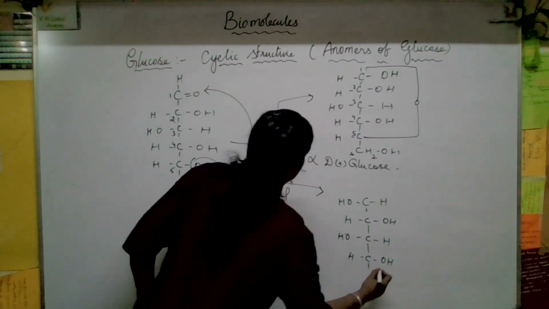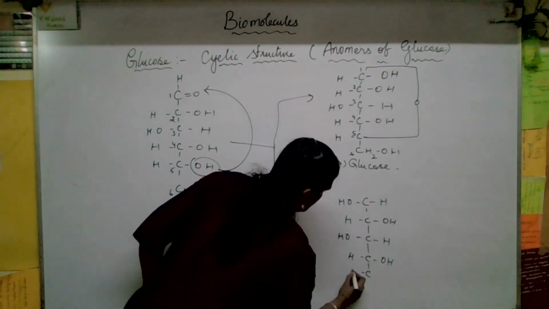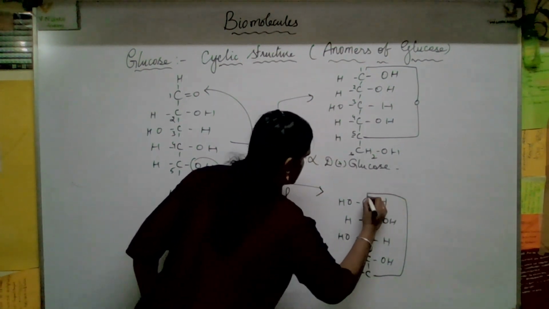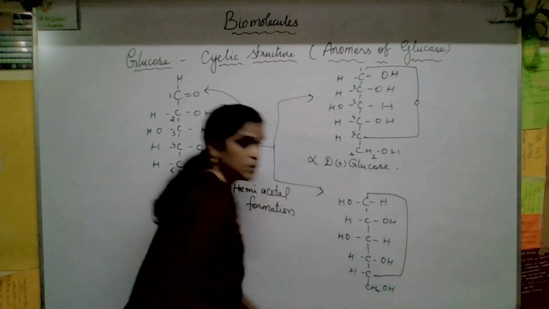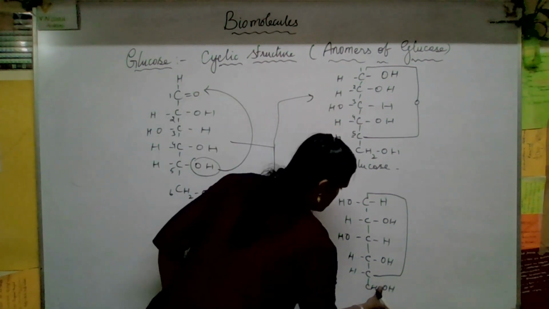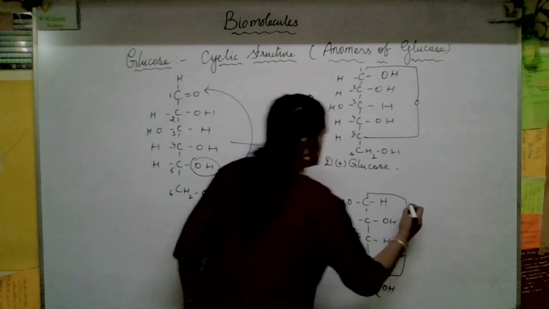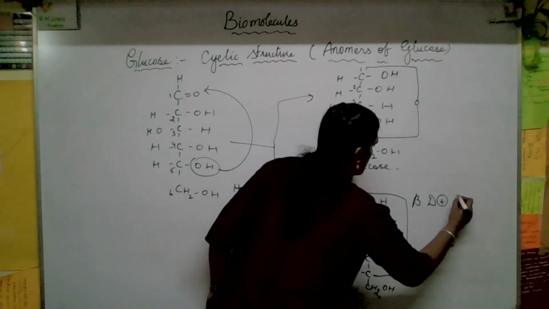Yeah, here the fifth carbon, 1, 2, 3, 4, fifth carbon hydrogen, here this only which is going to attach with this. Okay, and then the sixth carbon CH2OH. Is it visible? Yeah. Okay, so what do we say? Beta D plus glucose.